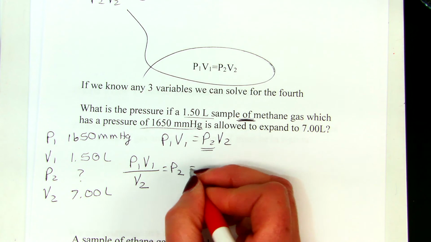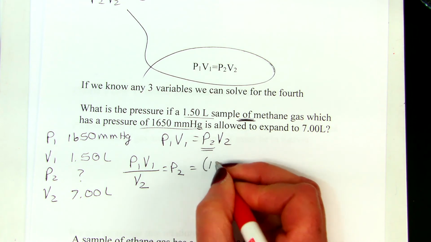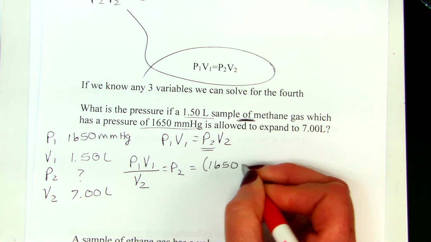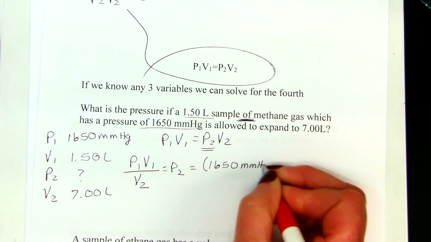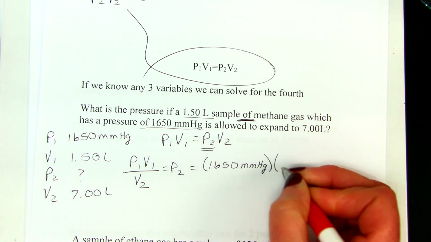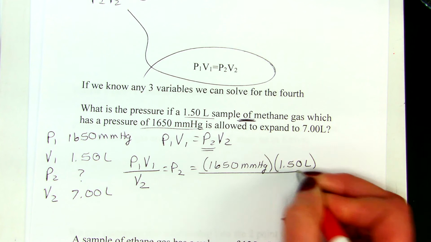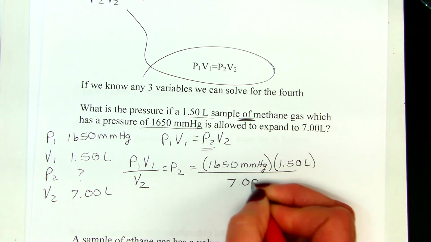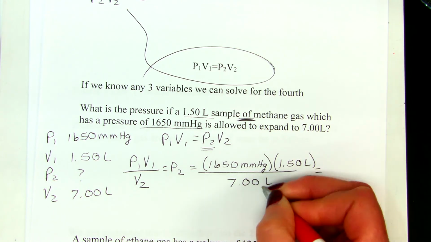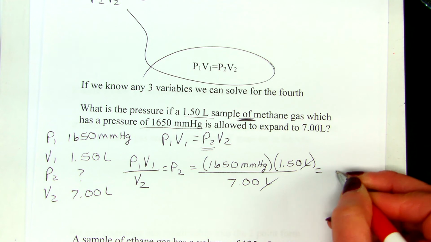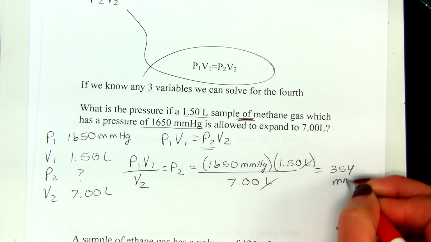So when we rearrange, my original pressure, 1650 millimeters of mercury, times my original volume, 1.50 liters, divided by my new volume, 7 liters. So now the liters cancel and I get my answer, 354 millimeters of mercury.